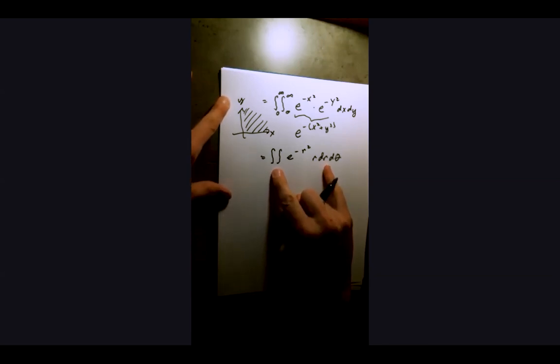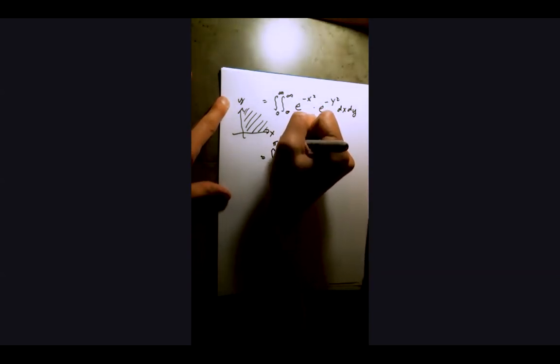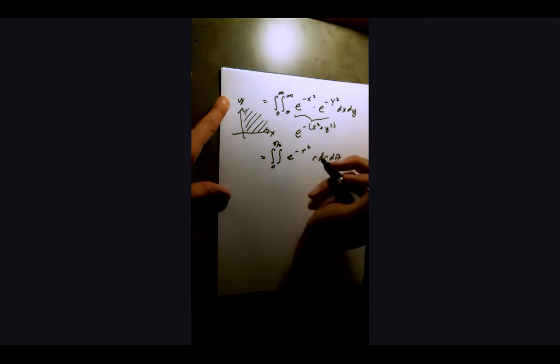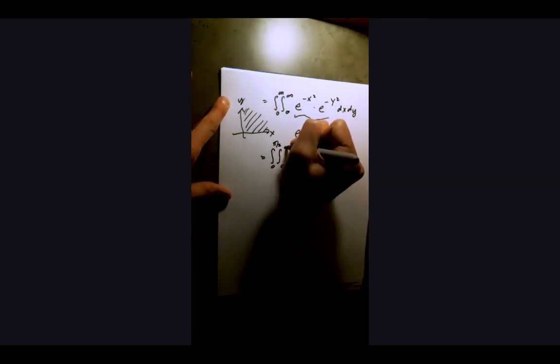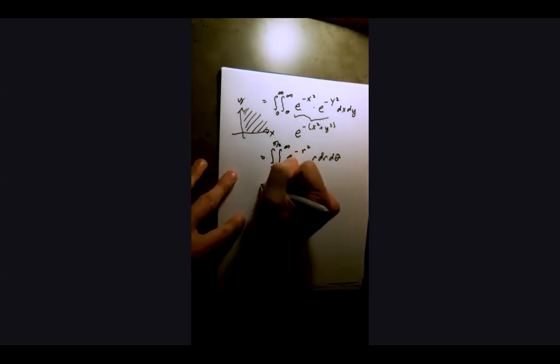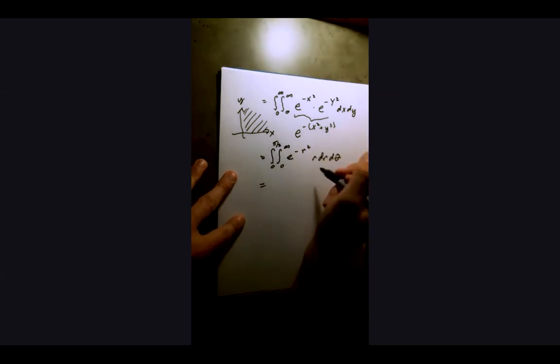Where do you want your thetas to range? Theta will be from 0 to pi over 2, and r is, I think, infinity. It'd be 0 to infinity. Exactly. Craziness. Okay, antiderivative of this stuff.